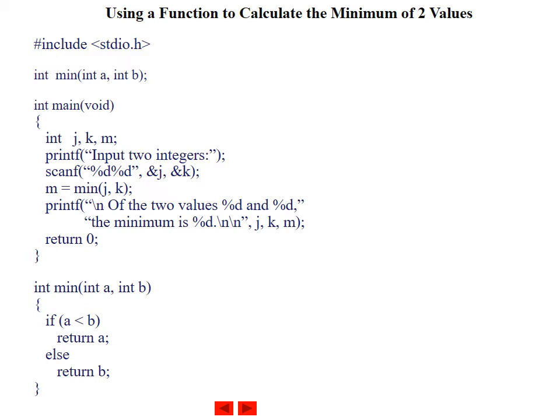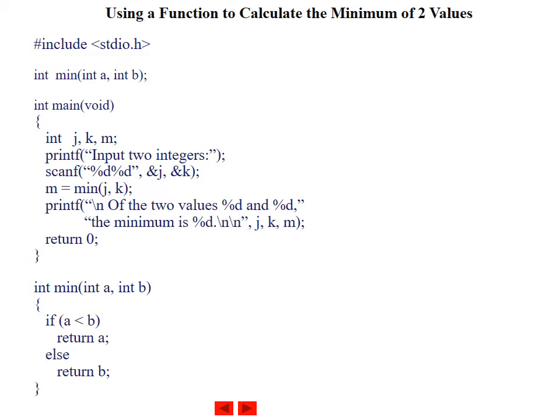So your linker should find this function called min, and it will find it here, right? Then it takes the variables a and b. So in this case, our j will be equal to our a, our k will be equal to our b. Then it's now comparing if j is less than k.